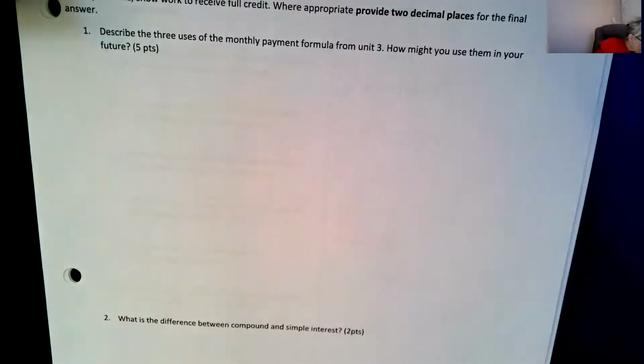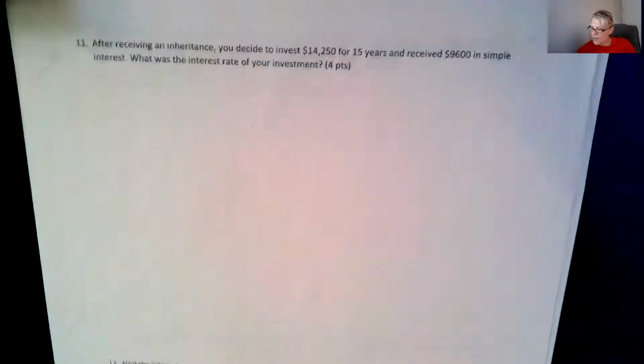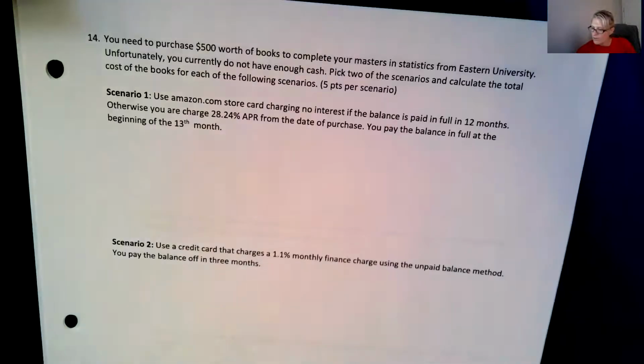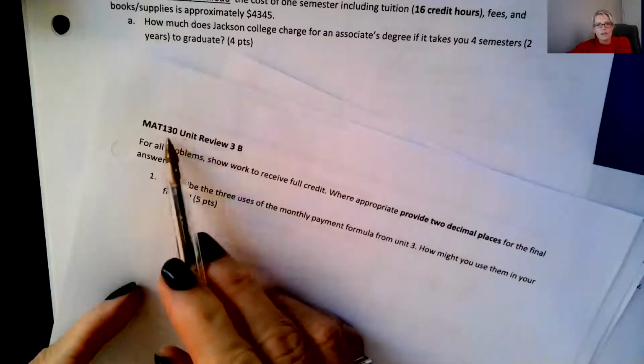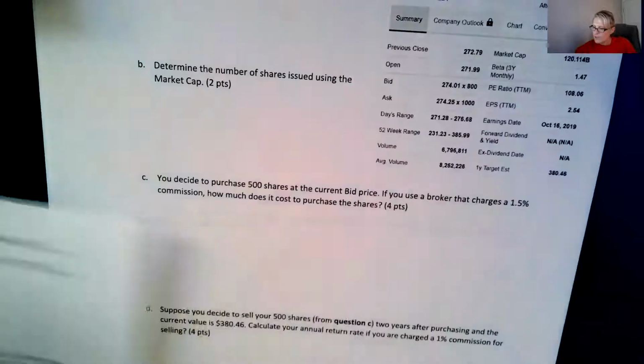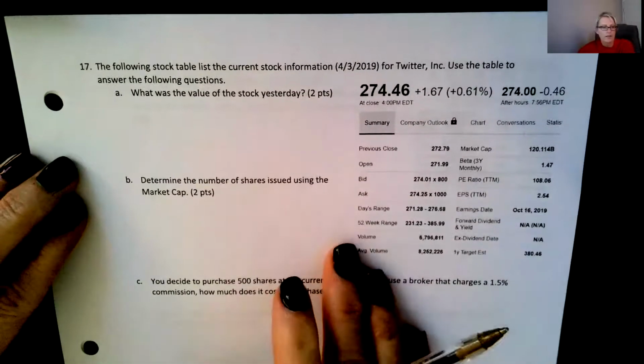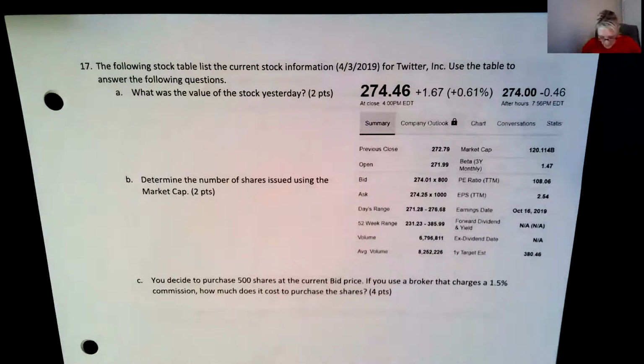Okay. In this review, there's something that we didn't touch on, and I would like to do that on the other review. So if you can go to Unit 3B, Review B, to page 136, I would like to go over some things on the stock table because I think that's valuable.